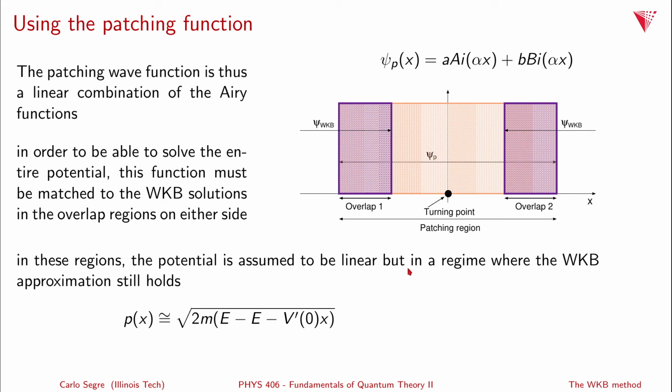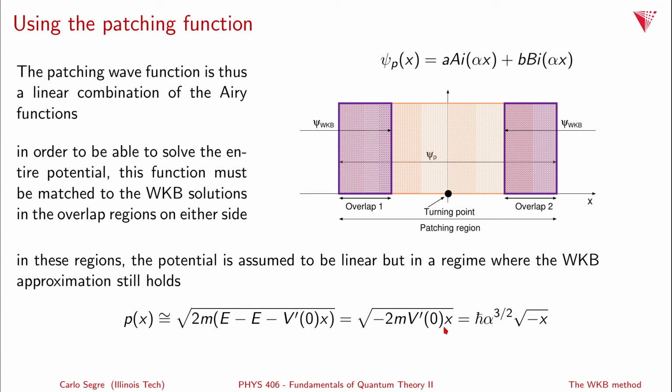Well, in the region where the potential is linear, we can now write the momentum for the WKB approximation. That is, the momentum is equal to the square root of 2m times (E minus (E plus V prime at 0 times x)), because this is the potential. And when we cancel the two E's, we get the square root of minus 2m V prime of 0 times x.